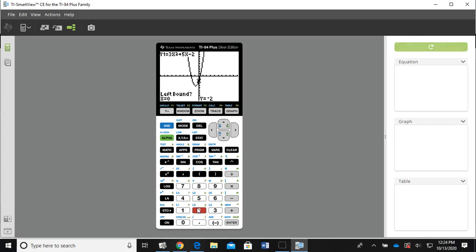It asks me the same questions, left bound, right bound. So I move that cursor left of the 0, not left of my vertex. I'm worried about the 0 right there. This is left of it, yes. It's not very far left, but it's left. Okay, enter. Oops, I hit enter twice by mistake. Let me try that again. So left, enter, move it to the right, enter, enter.